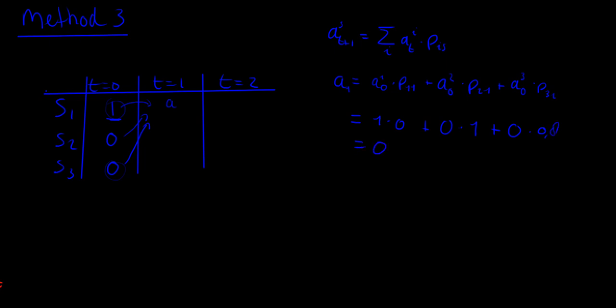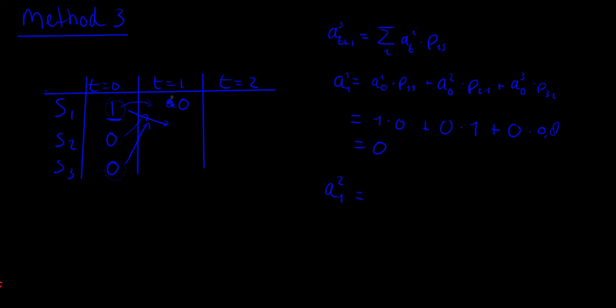In our case it is 0. So this value of A will be 0. The same thing we can do for the next value for S2. So again, going from state 1 to state 2, we're calculating at time 1 for state 2.